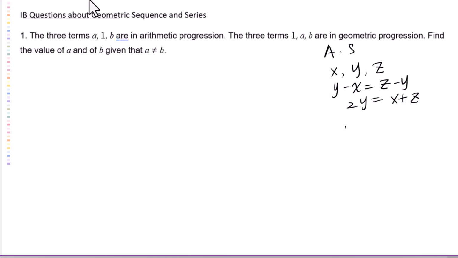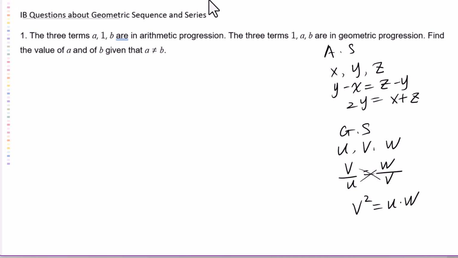For consecutive geometric sequence u, v, w, since v over u equals w over v, cross multiply, v squared equals u times w. We will use these two facts to solve this question.